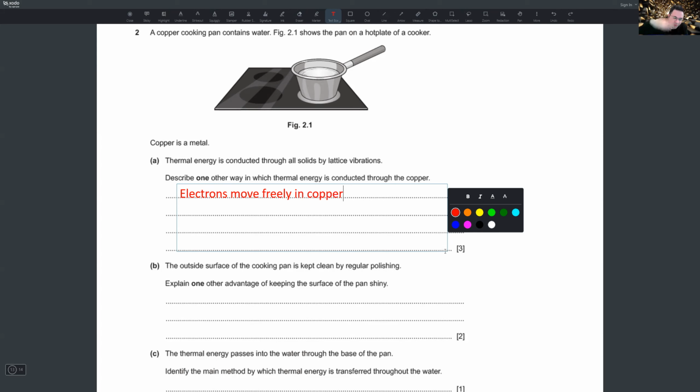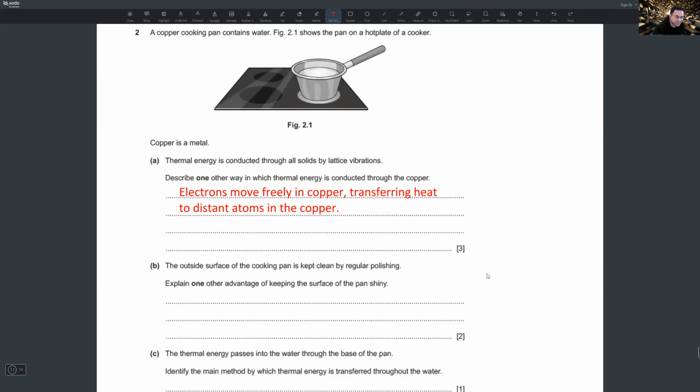Saying free moving electrons earns another mark. Transferring heat to distant atoms or lattices in the copper. So if I just say electrons are free, that's two marks. And then I say that they move inside the copper and transfer the heat to all of the atoms or distant atoms.